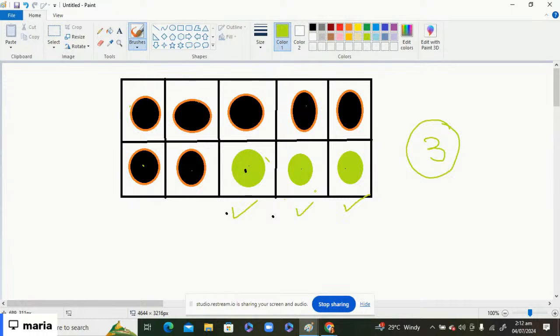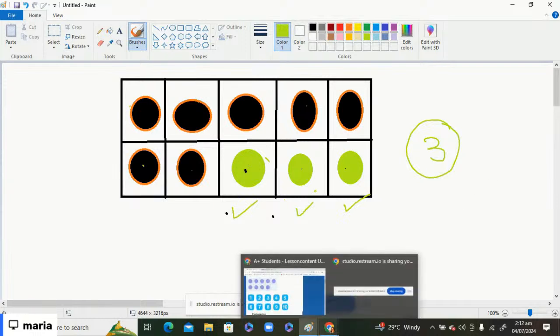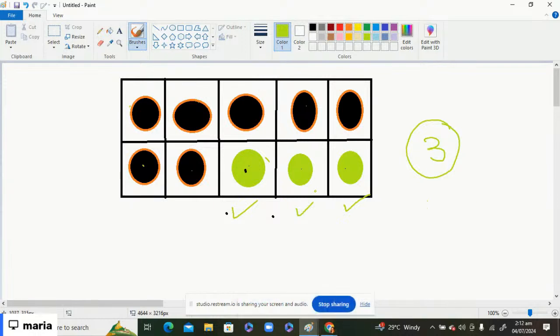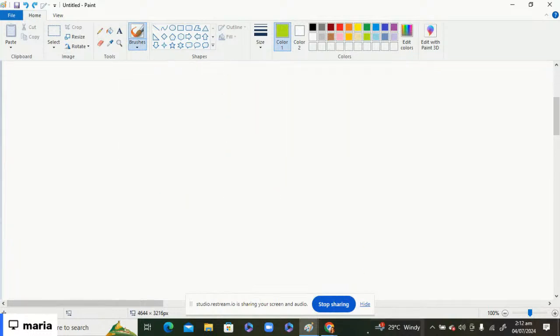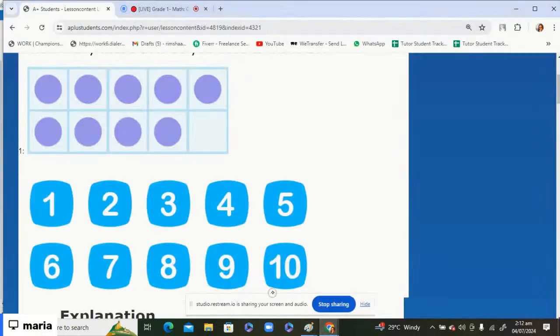In this way we are going to check all of them one by one. Got it? Let me put down some more examples. All right, now let's do it.